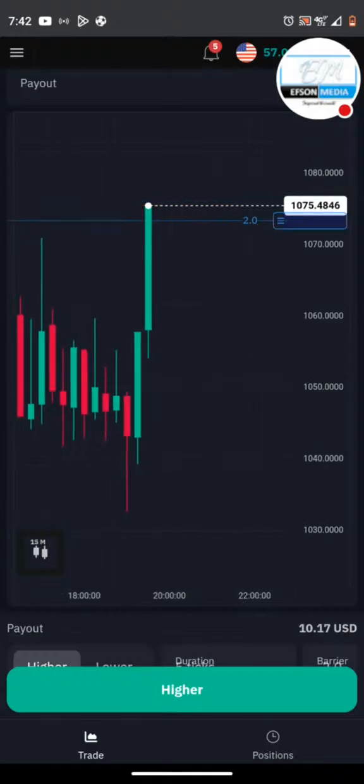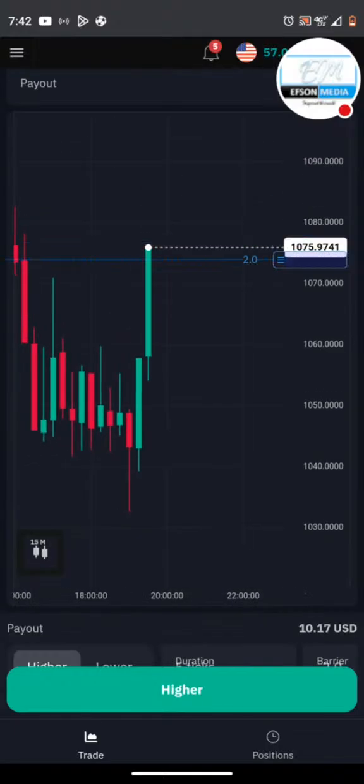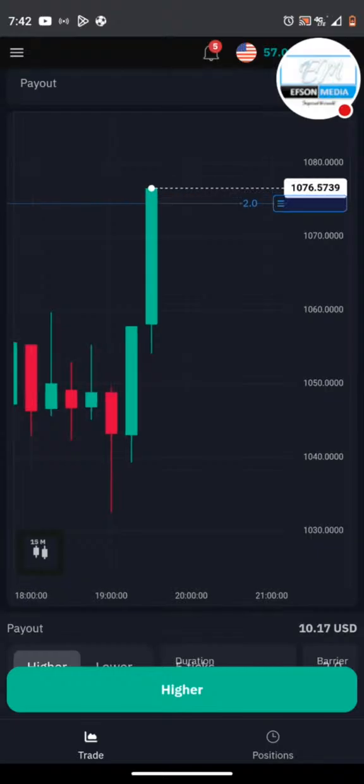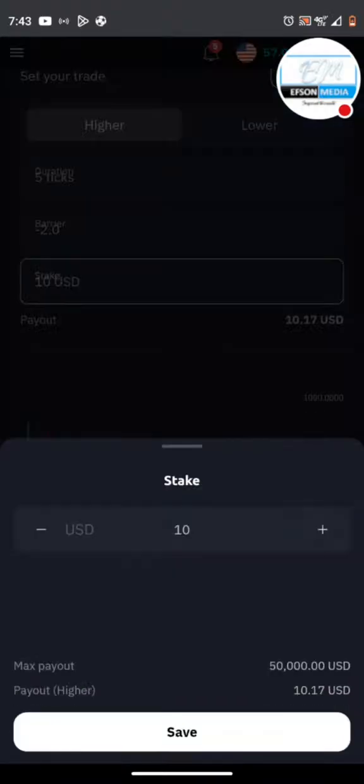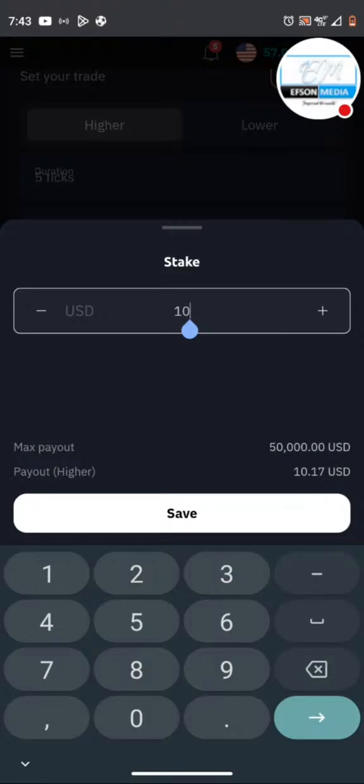You just look at the markets, then you make your decision. This is where you put your value, maybe the amount you are depositing or the amount you are using for the trade.